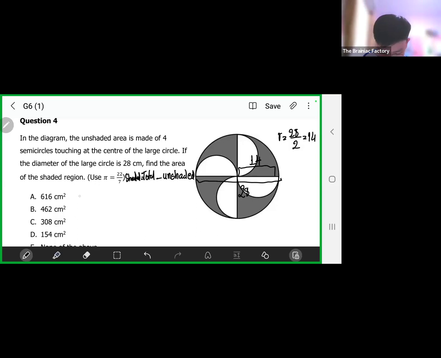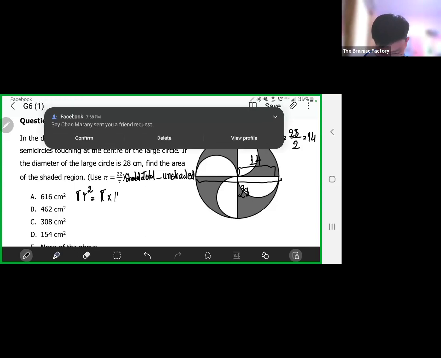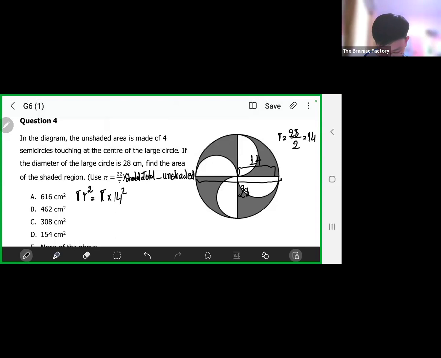The area of the circle is pi times the radius squared, which gives us pi times 14 squared, which is 196 pi, which is the total. And then we're going to find the unshaded region.